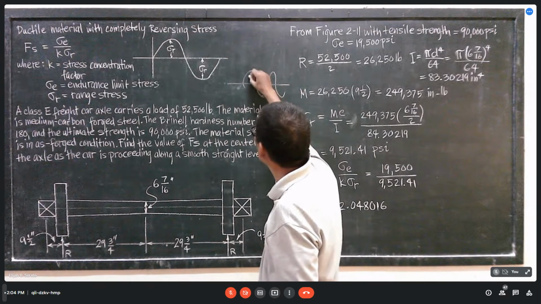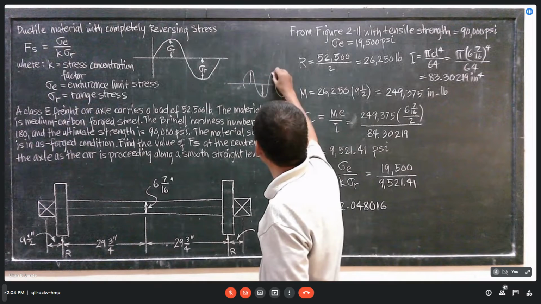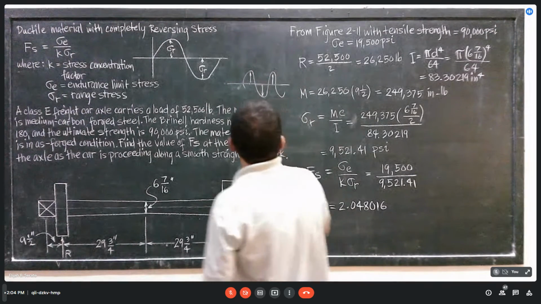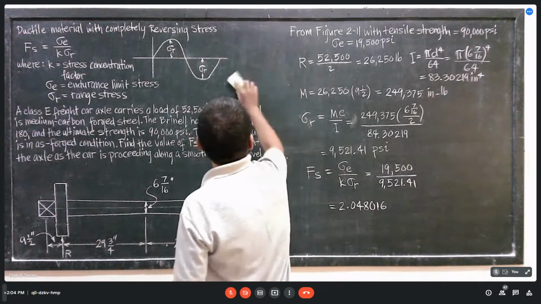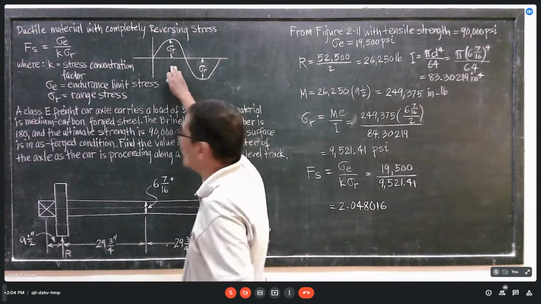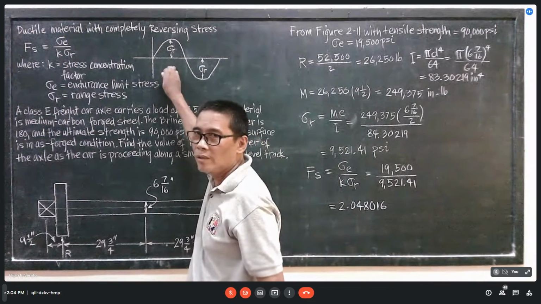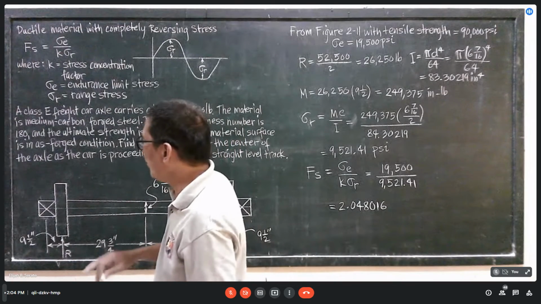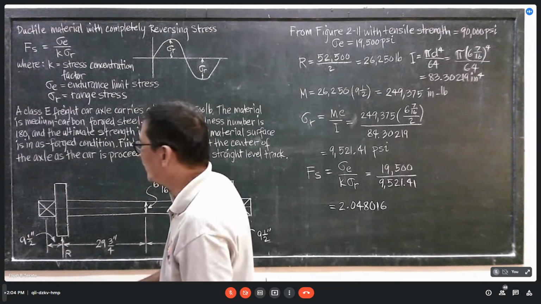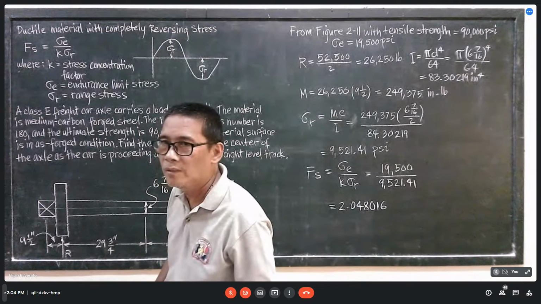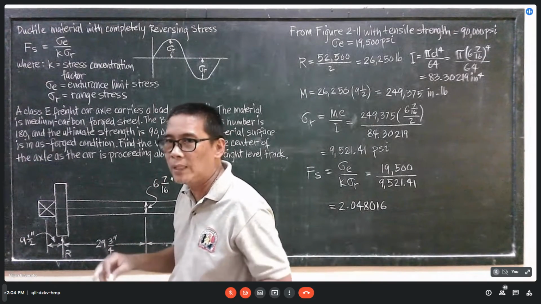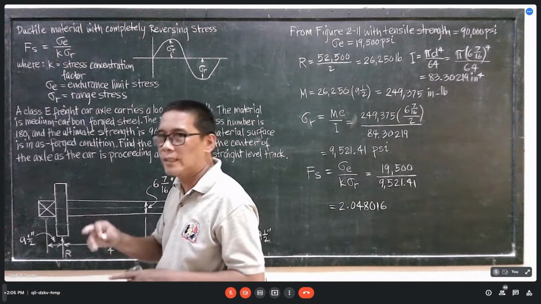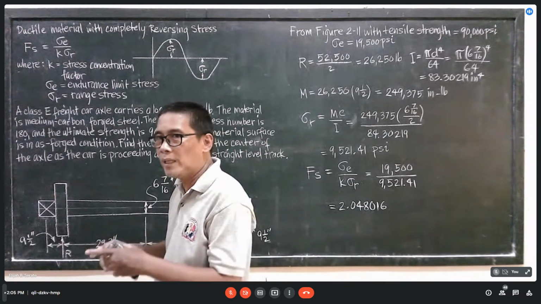And that is your range stress. For example, in that case, our average is 0. Remember, when it is completely reversing, before it reverses, it has a value of 0. Then it reverses completely the same magnitude and goes back to 0, and then opposite direction, the same magnitude.